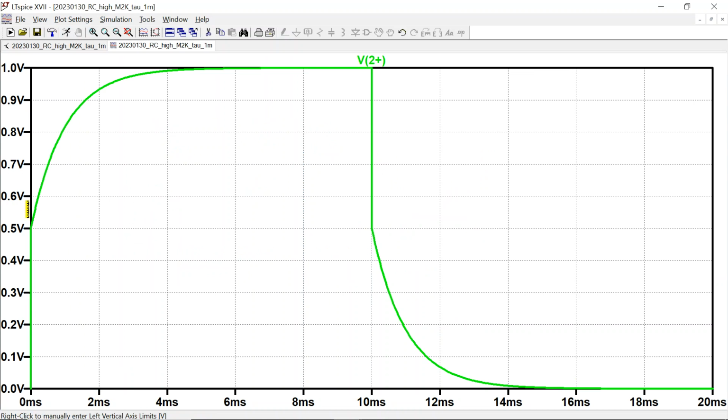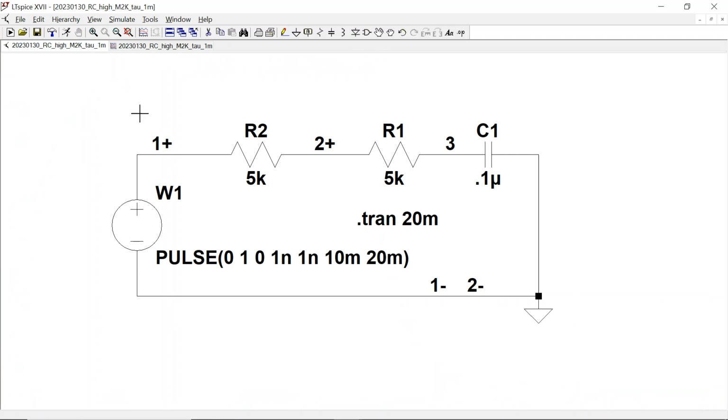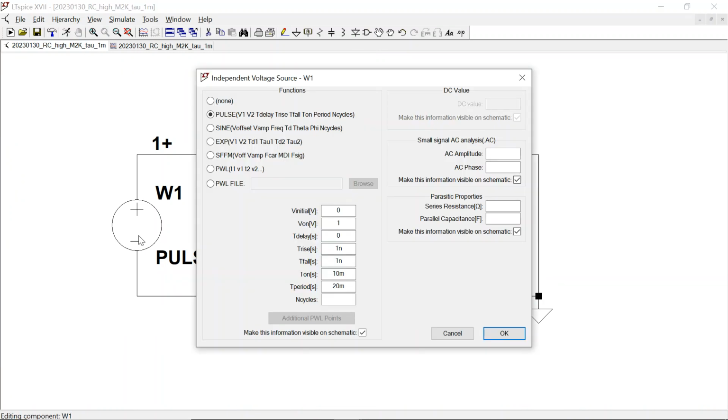And what do we see? We see this sharp increase to 0.5, then an exponential increase to 1. I'm actually running this for 10 tau for other reasons I won't get into.